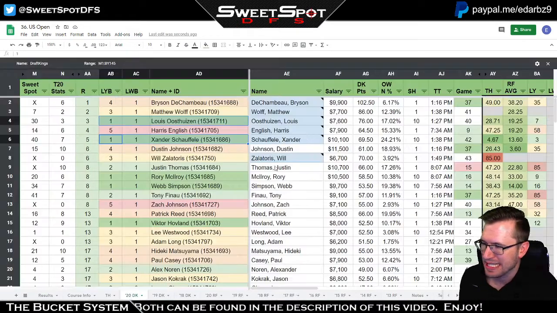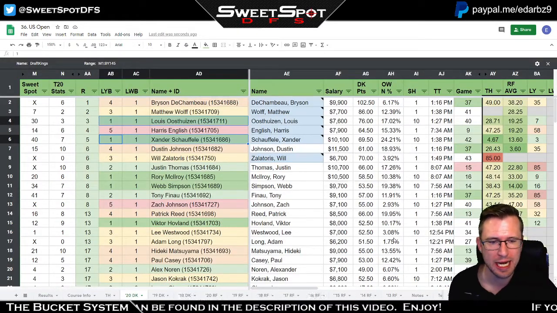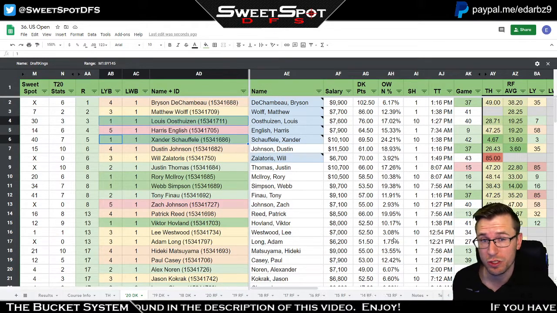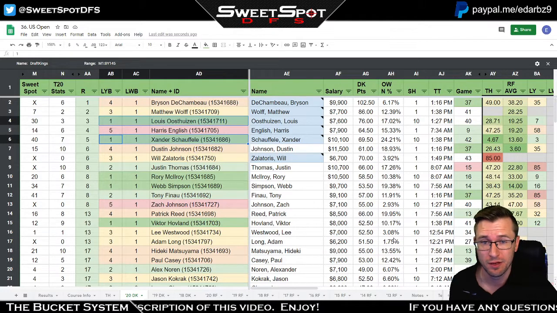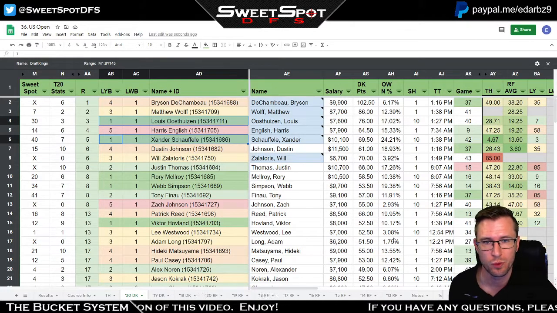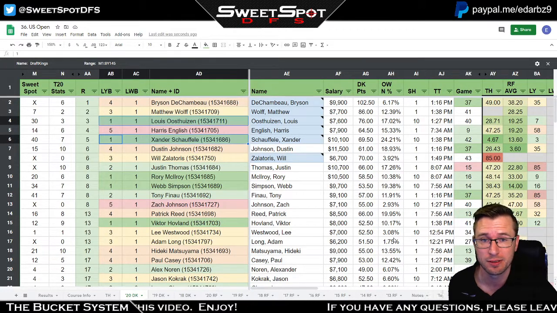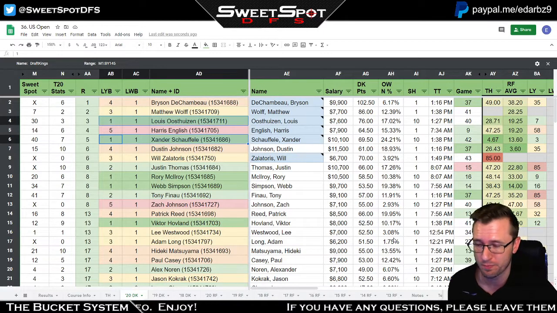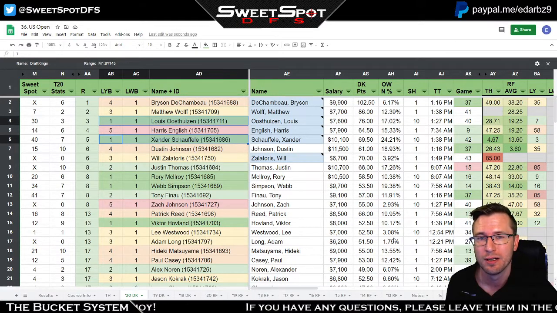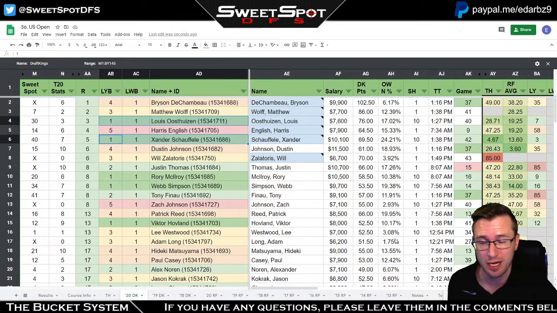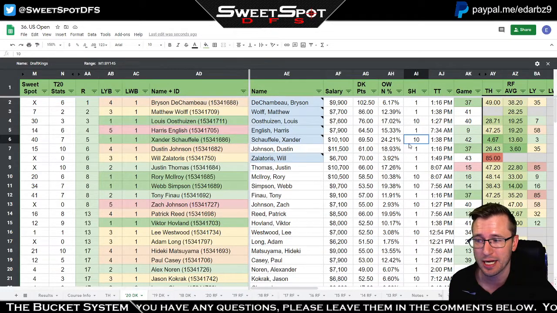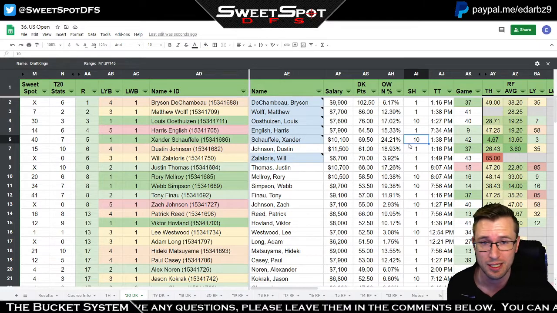Either way, that is the third layer of how to use the bucket system. If you guys actually have an idea of how to utilize this with your stats, let me know in the comments. I would love to understand or think of a different way to utilize the bucket system, because to me it's a thing of beauty. I absolutely love creating lineups based off the bucket system over anything else.